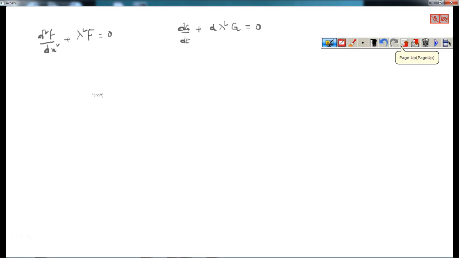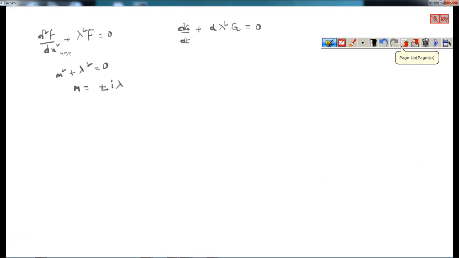The first one can be written as m square plus lambda square is equal to 0, then m is equal to plus or minus i lambda.